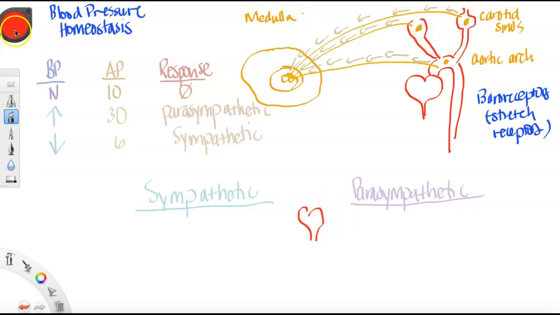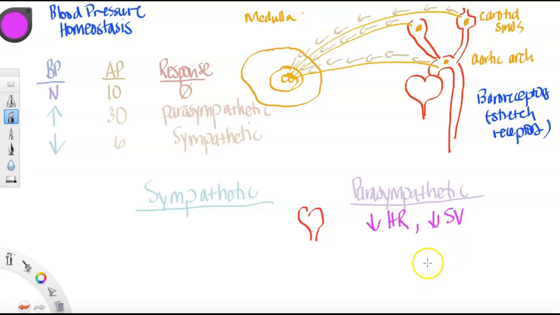So if it's too high, then the parasympathetics will decrease heart rate to the heart. They will decrease stroke volume within the heart.